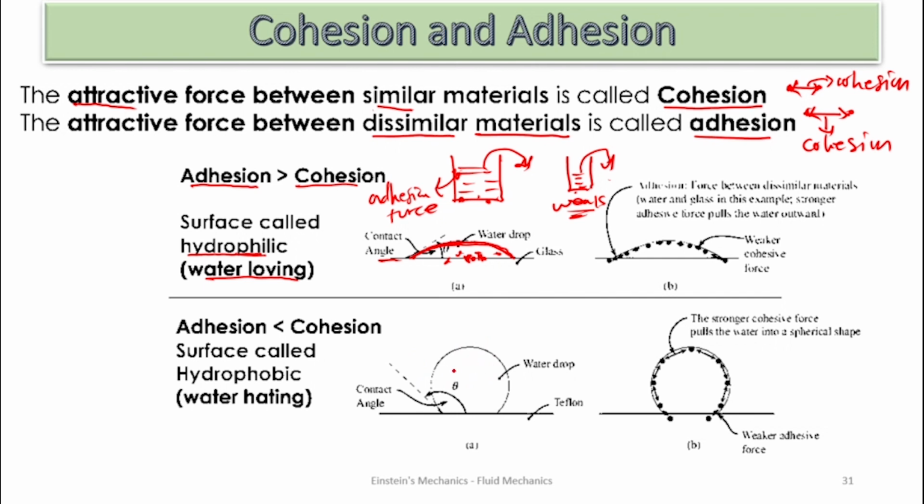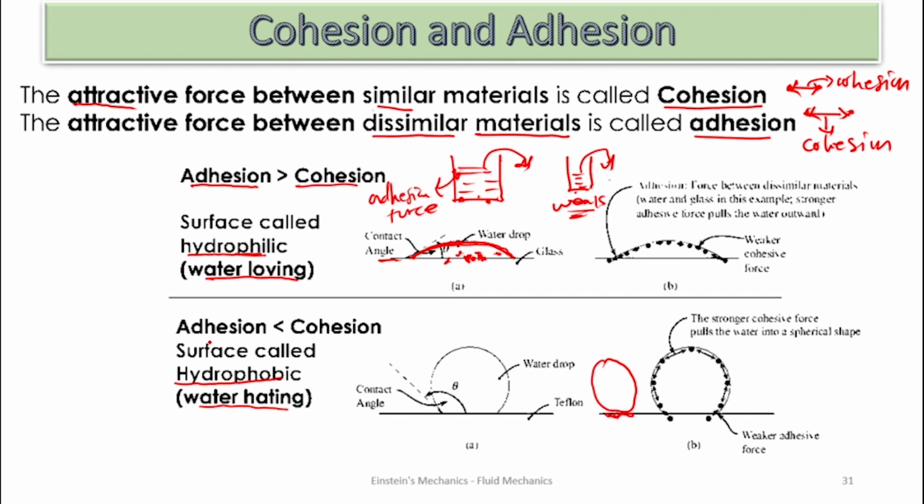But for some other fluids, they will rather form what? A circle when they are dropped onto the floor. And this is also called what? Hydrophobic, water hating. Are we good?